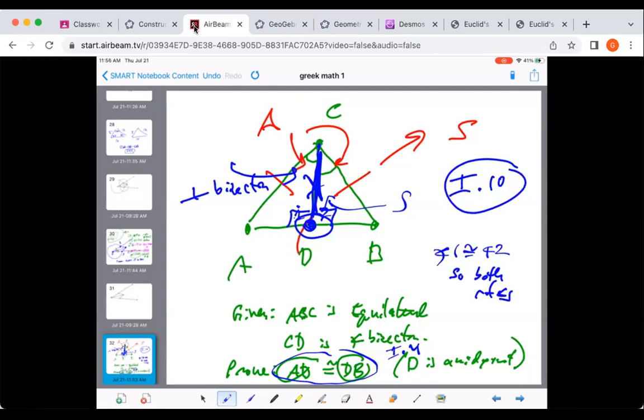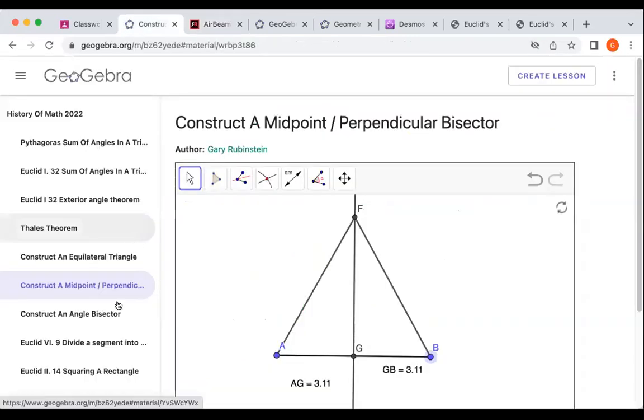So there's this chain of building stuff. Okay. We're only going to do one more today. I'm going to save this one for next time. So the last construction for today.